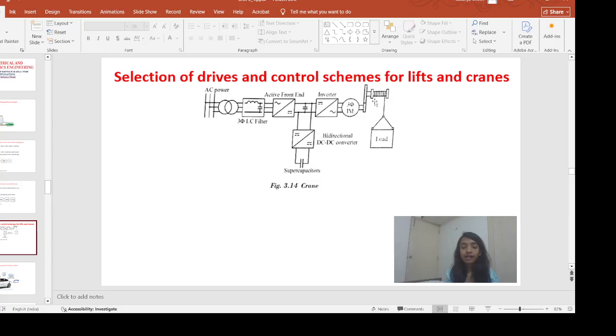And the crane has its own drive system. That means it has its own connections and components, which will make sure that the acceleration, which means speeding up, and the retardation, which means slowing down, of the crane are smooth and even.